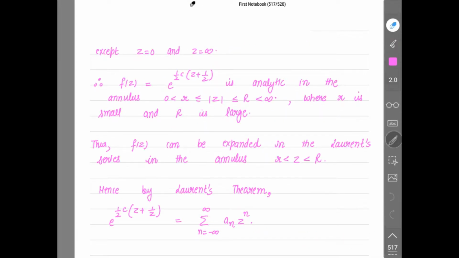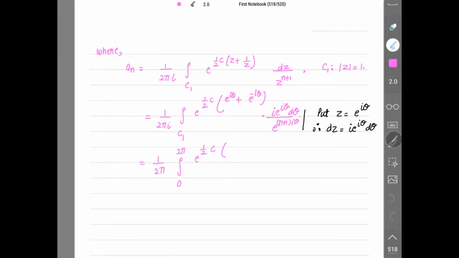So this is your z minus 1 over z, and here also put z minus 1 over z.